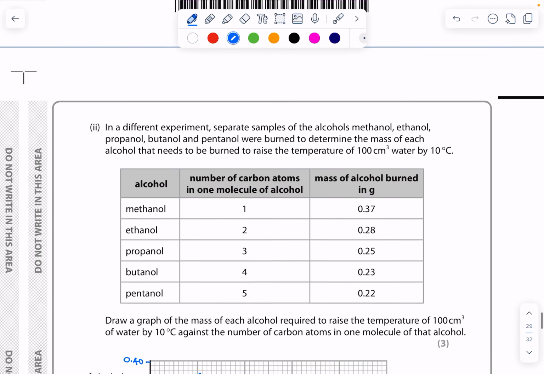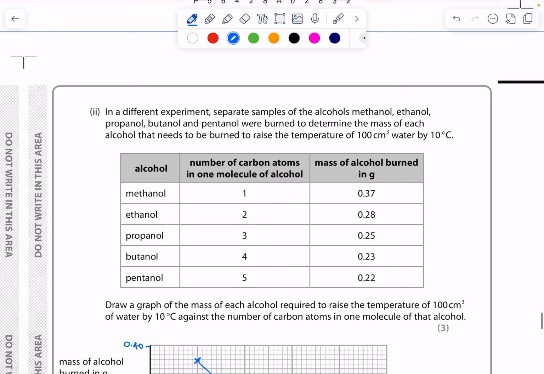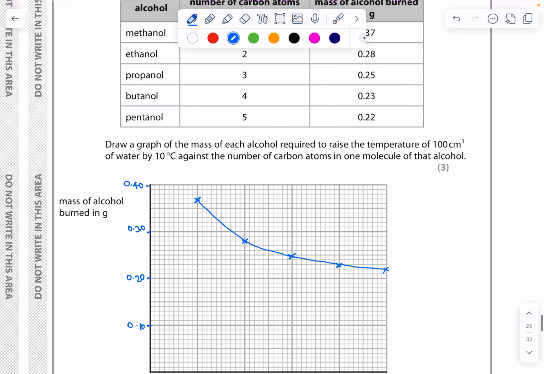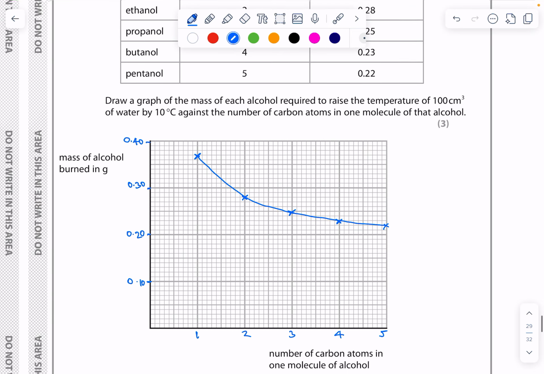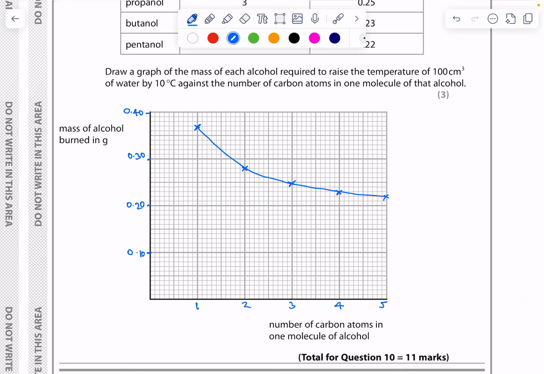Carrying on, so here again we've got a big table of information, and what it wants you to do is to draw a graph of that data. There are 3 marks for the graph. In order to give you the marks, you get 1 mark here if your line is best fit.